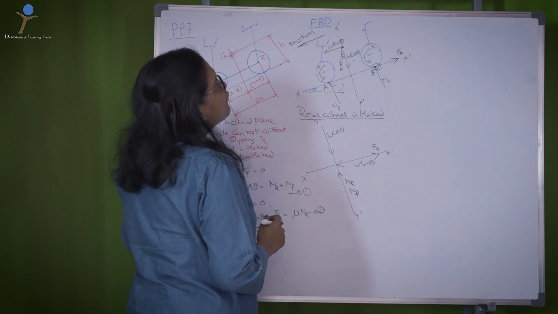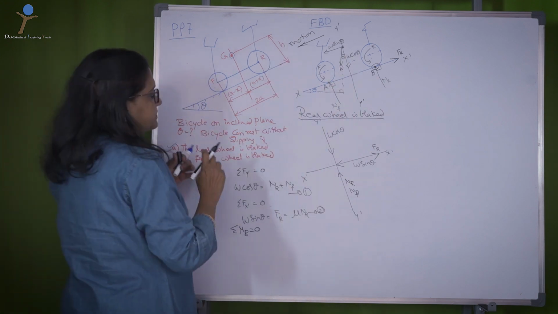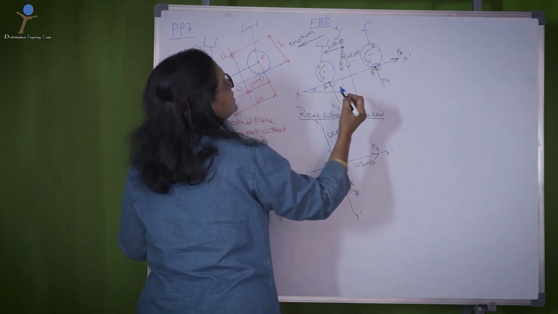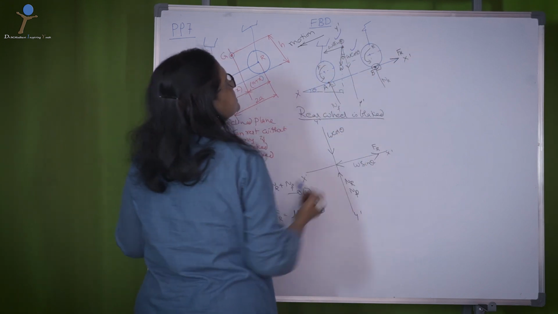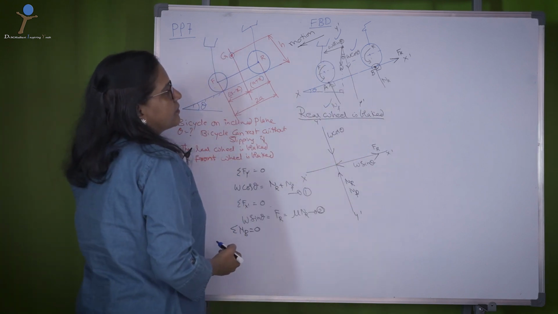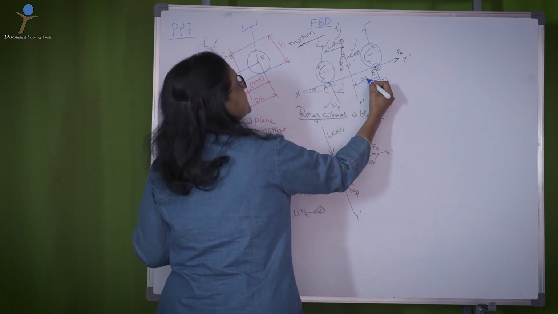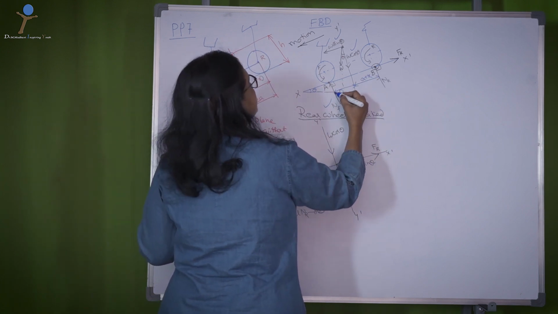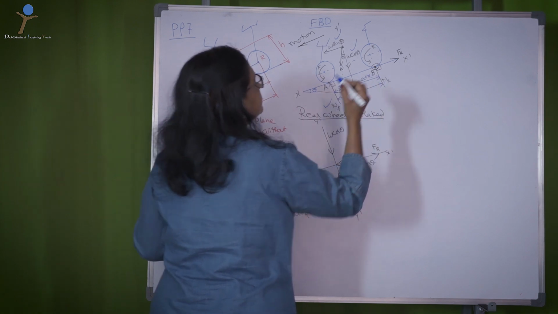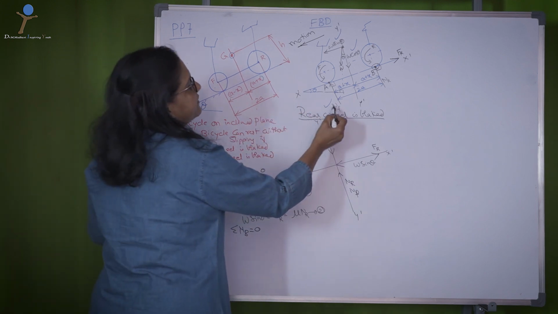Let us look at the forces that contribute to the moments. One is w sin theta, the other is w cos theta, and one more is NF. We know these distances, this as a plus x, this as a minus x, and the whole of it as 2a. Let me take NF first.